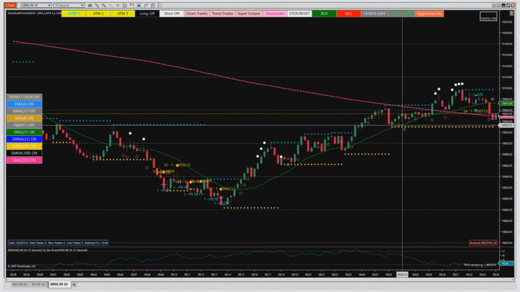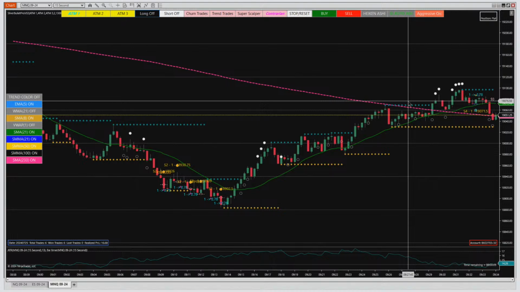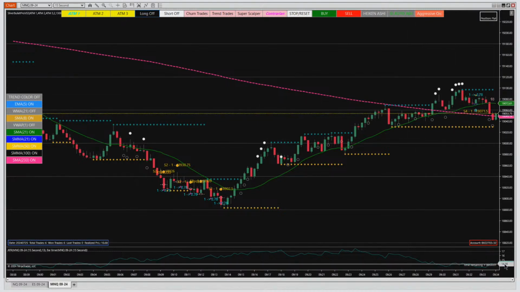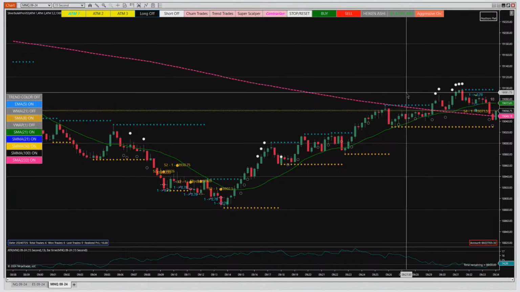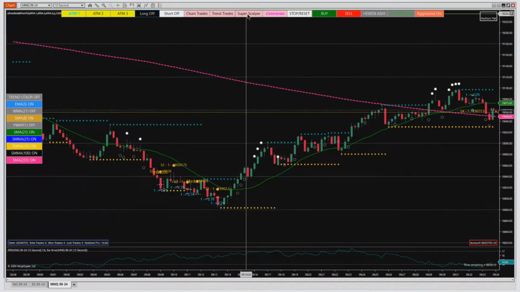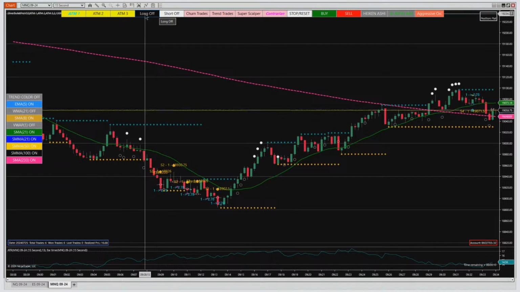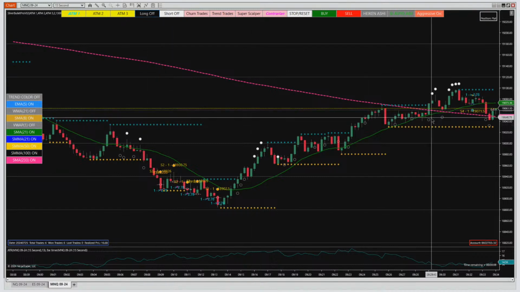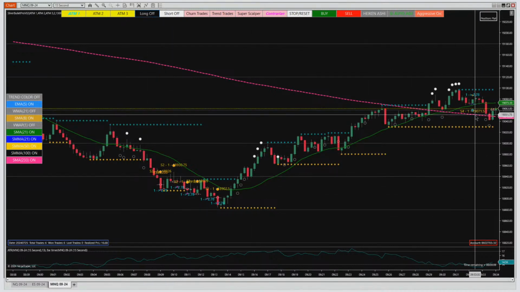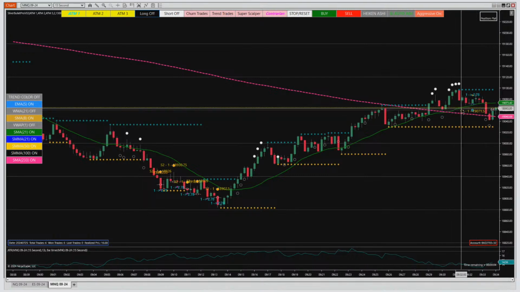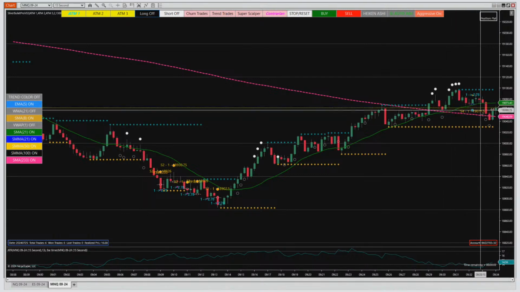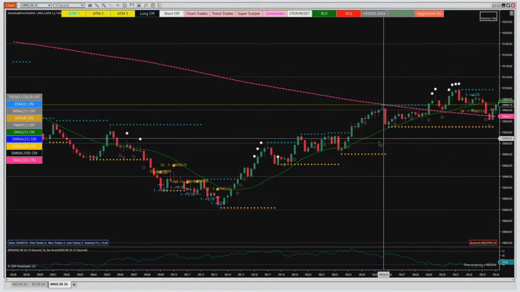I don't try to be too aggressive in this range. One trade, 2 trades. If ATR was low, I would have taken more trades. I would have kept contrarian on for both long and short. But today is such a fast-moving day that I'm being very, very selective in my trades.